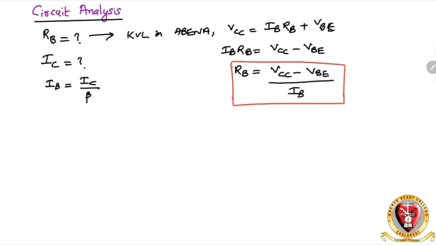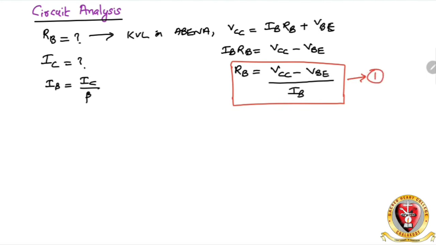We can choose any value of IB, suppose 10 microampere or 100 microampere. So we are choosing the value of IB to set the value of RB. Knowing the value of VCC, IB and VBE, we can find the value of RB. Let this be equation 1.